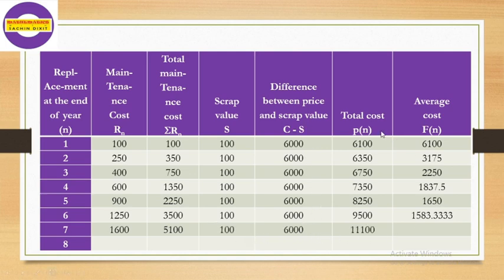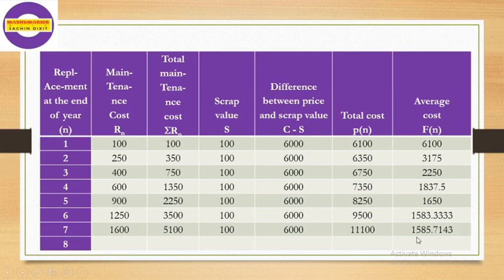To find the total cost, we have to add this 6000 to this 5,100, we get 11,100. That gives the total cost of the machine up to the 7th year. Now to find the average cost for the 7th year, we have to divide this total cost by 7. That means we have to divide this 11,100 by 7. We get the average cost as 1,585.7343.